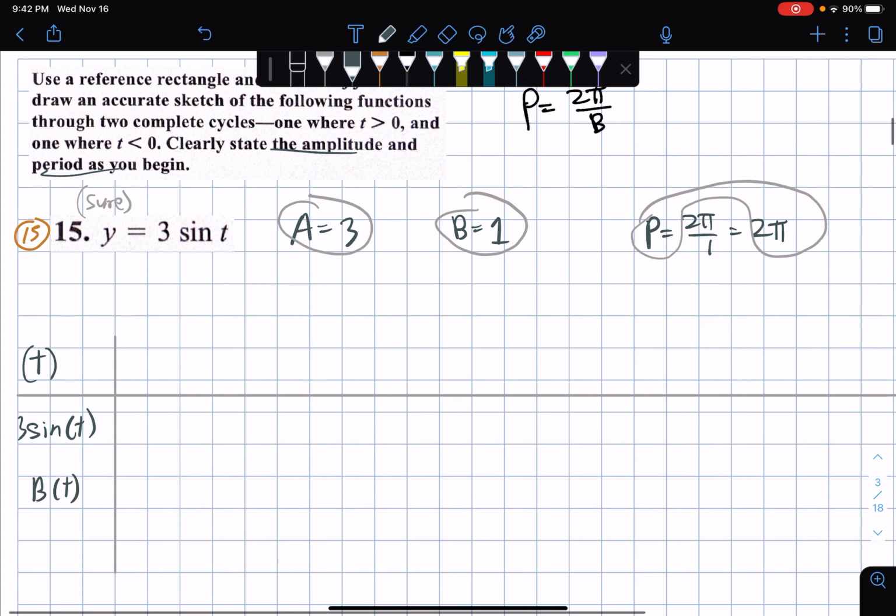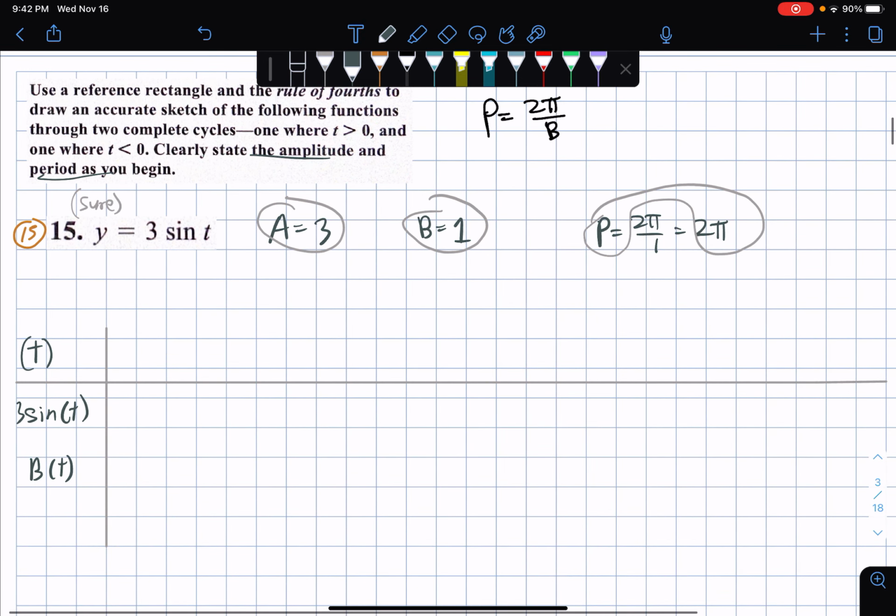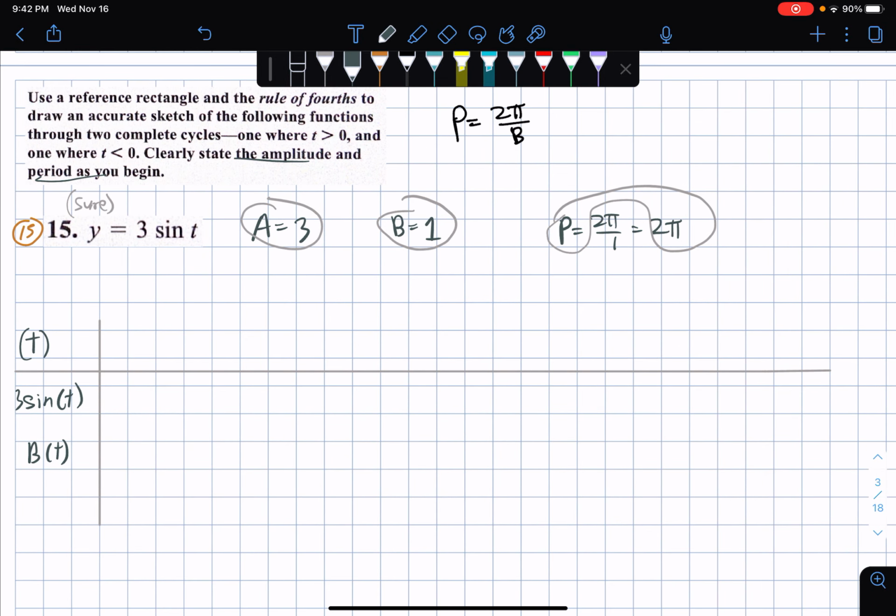Now, based on what I know, the period will determine the t values that you will have to put to play. So this is going to be long, I'm afraid, but yeah, let's keep going.